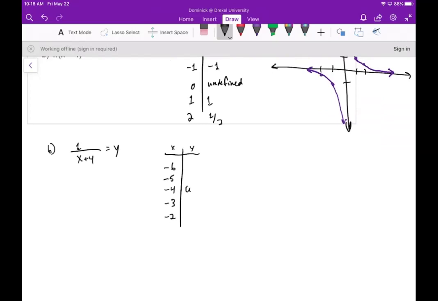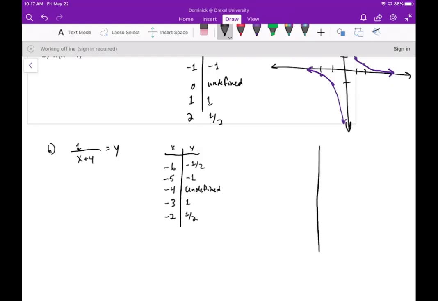We know that -4 is undefined. But if we plug in a -5, we're going to get -1. If we plug in a -6, that's -1/2. If we plug in -3, that's a 1, and -2 is a +1/2.